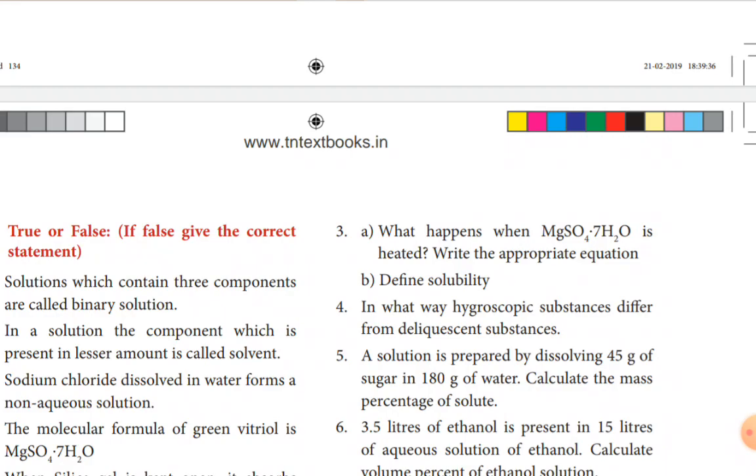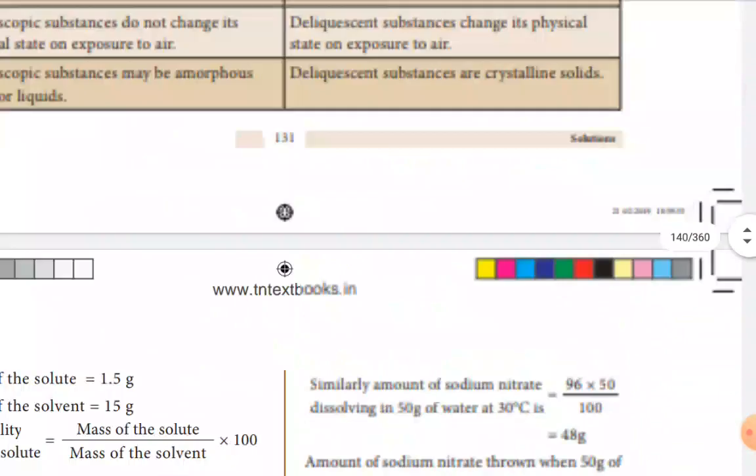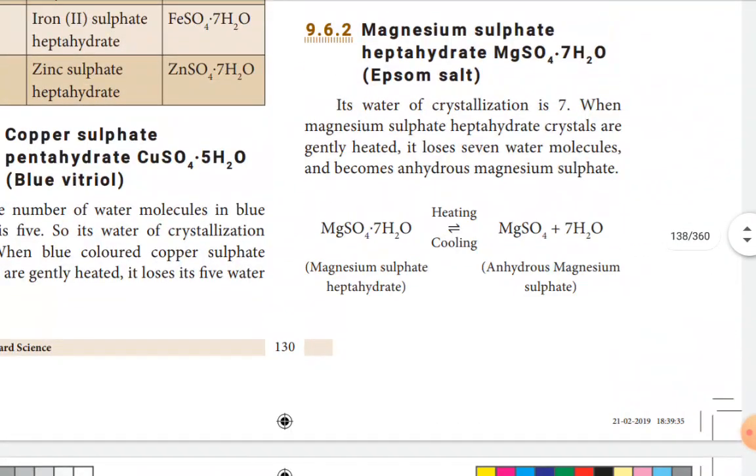Here it is given in page number 130, magnesium sulfate heptahydrate. Magnesium sulfate heptahydrate, formula MgSO4 with 7 moles of water, also called Epsom salt.